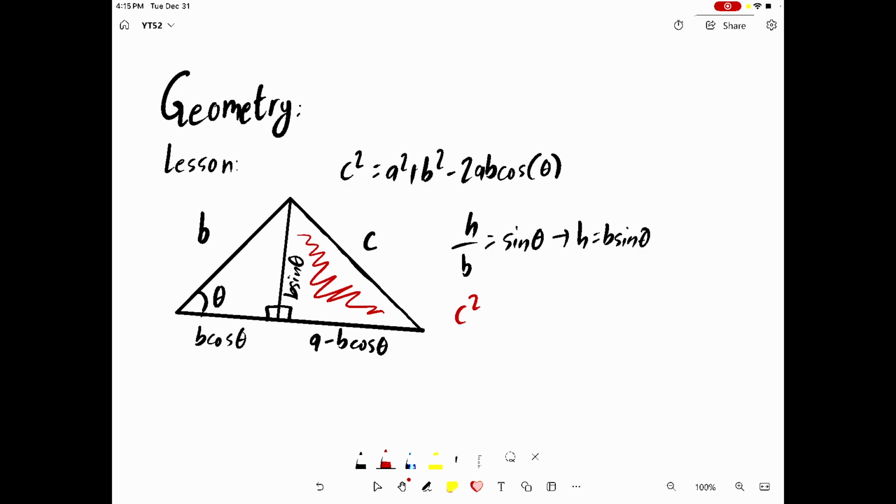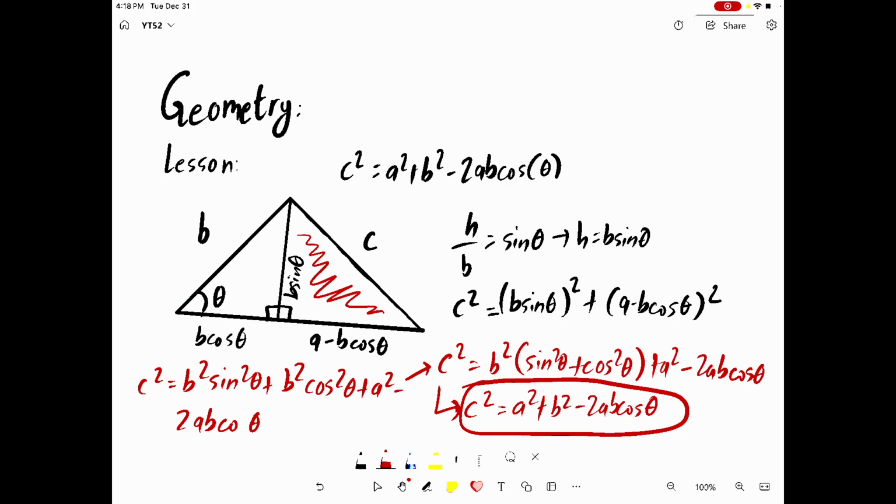c squared, let's write that in black, c squared is equal to b sine theta squared plus a minus b cosine theta squared. If you do the math, which I'm just going to show in red really quick so you know it's just basic math, and I'm going to cut it out of the video.